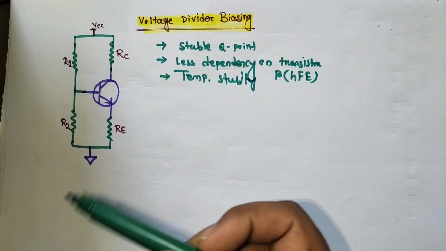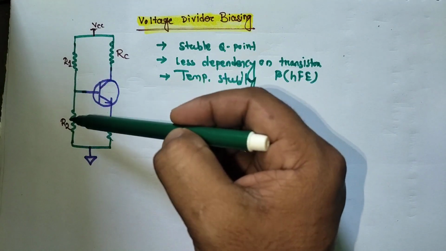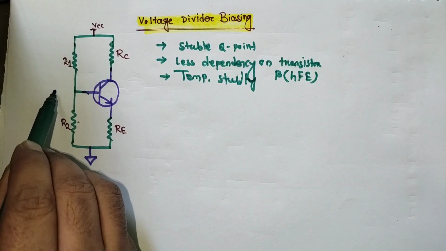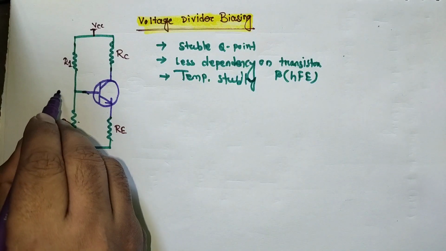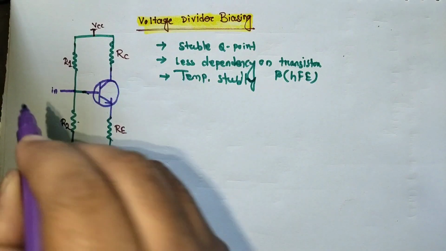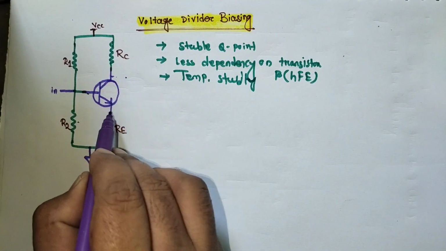In the voltage divider, we add a two-resistor divider network, R1 and R2, at the base. Here we give the input that is required to amplify, and here we get the output.